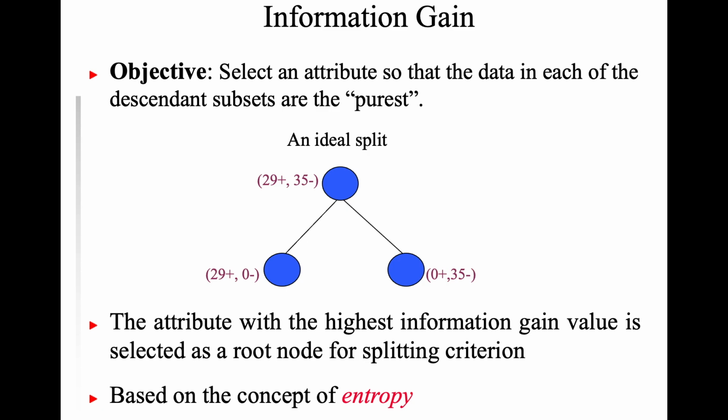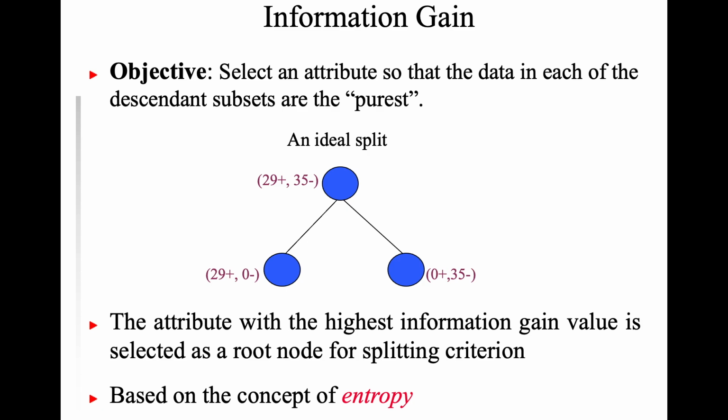Why is it an ideal split here? Because we have no instances belonging to class no on the left child, right? So all the 29 instances that belong to class yes are divided into that partition, and we call it pure. It also helps you understand the concept of entropy that we learn how to calculate today.